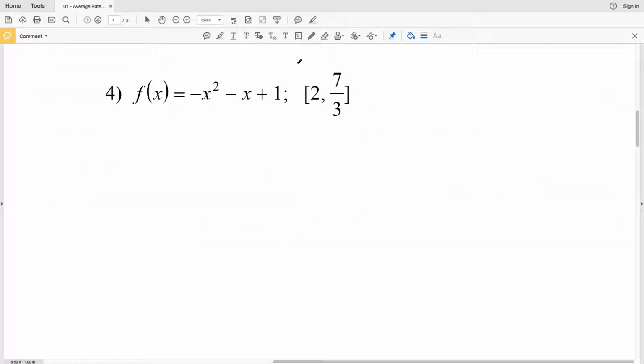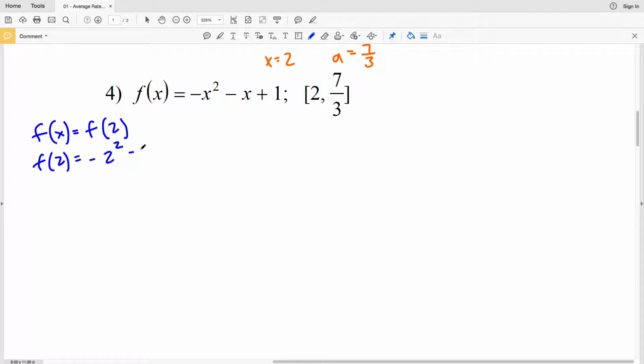In number 4, we're given the function f of x equals negative x squared minus x plus 1. So we'll have x equal to 2, and we'll have 7/3 equal to a. So finding f of x, we'll be finding f of 2, and f of 2 is going to be equal to negative 2 squared minus 2 plus 1.